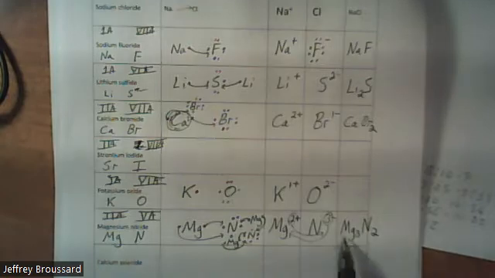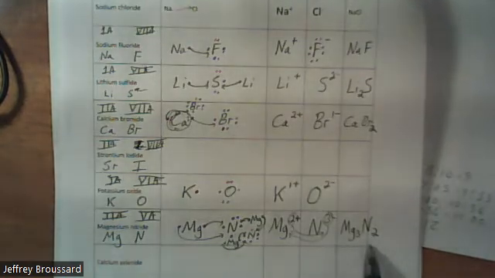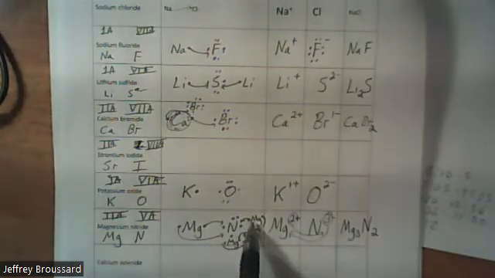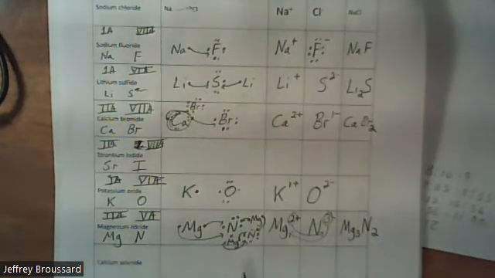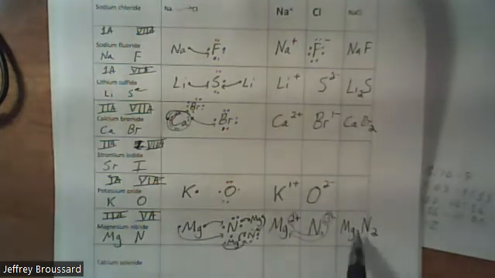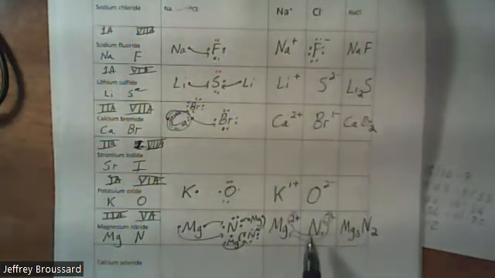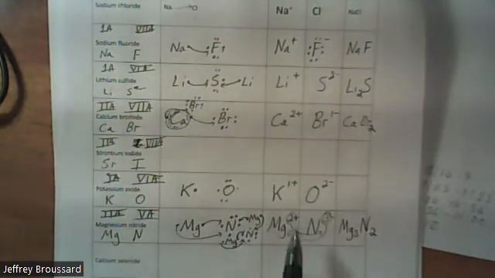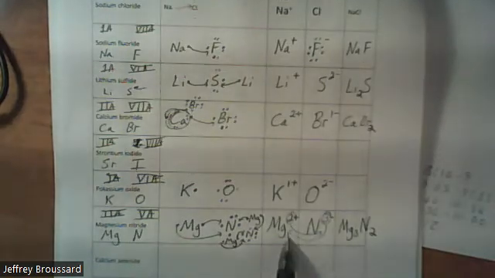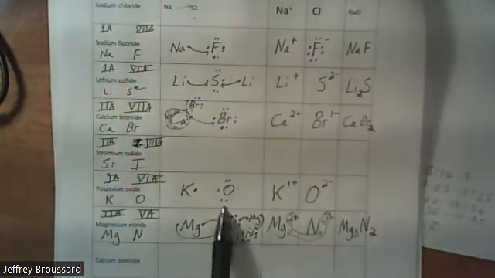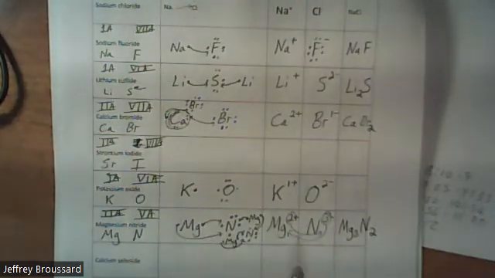And what I have done with this is I have just represented 3 magnesium atoms, 1, 2, 3, coming together with 2 nitrogens, 1, 2, 3 magnesiums to cancel these charges. So this crisscross method that we show in chemistry actually represents a whole bunch of stuff going on.